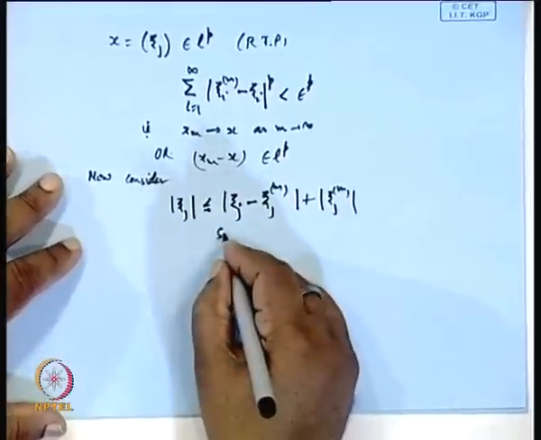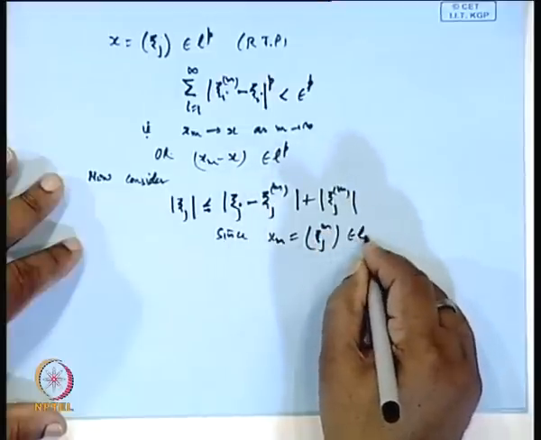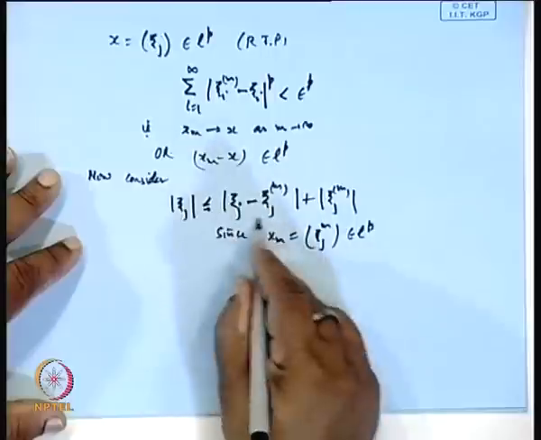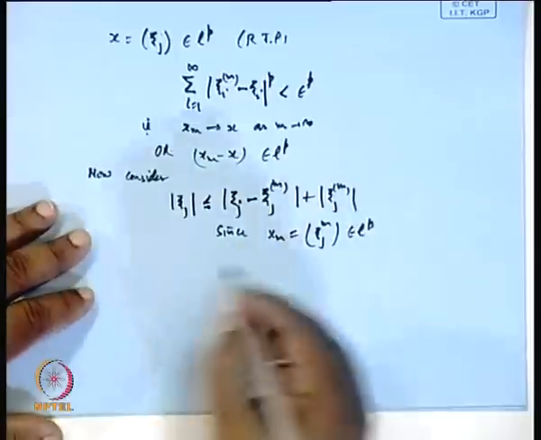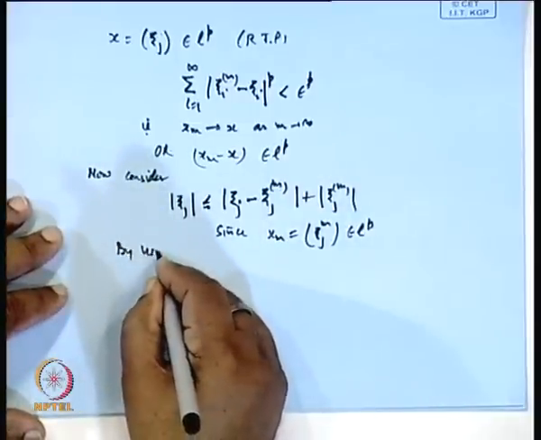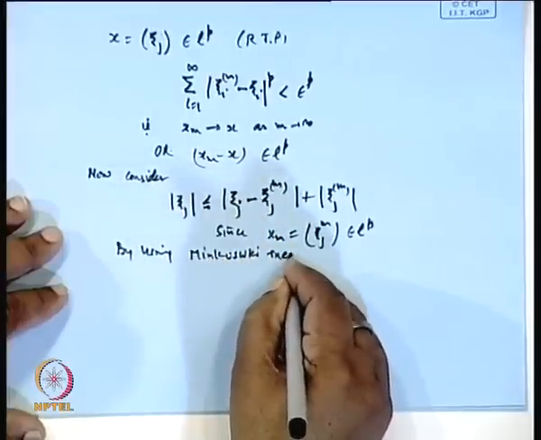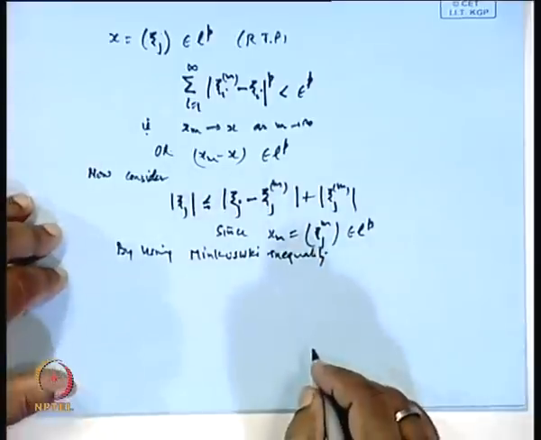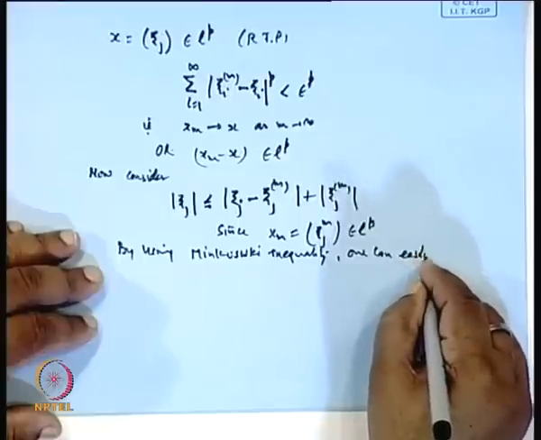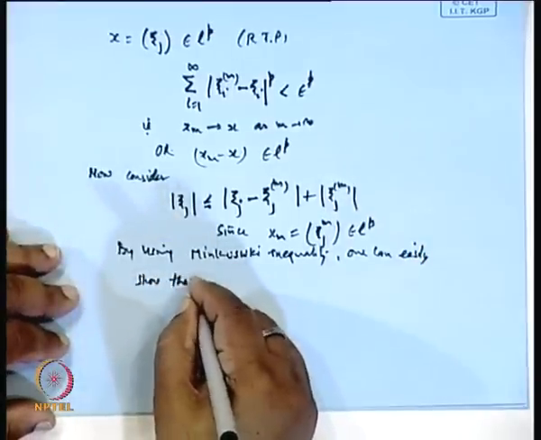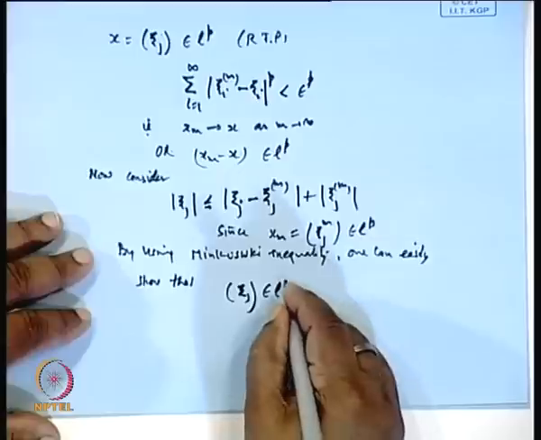Now, since x^m, which is a sequence x_j^m, is in l^p, and x^m minus x is also in l^p, and l^p is a linear space, by using the Minkowski inequality one can easily show that this sequence x_j is in l^p.